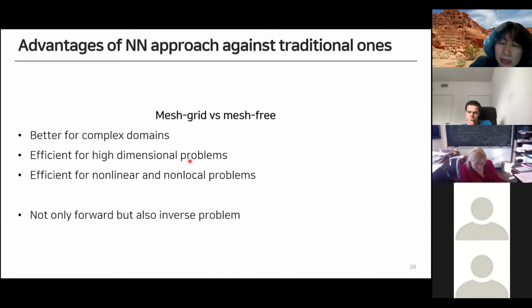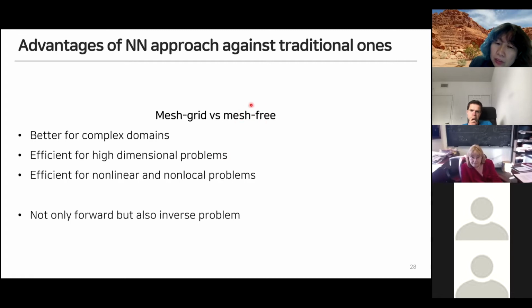And second, the classical mesh grid methods are usually very efficient in low dimensional problems. However, when it comes to high dimensional problems, the number of grid points is very large. Therefore, the computational cost is very high, and it's hard to attack high dimensional problems.